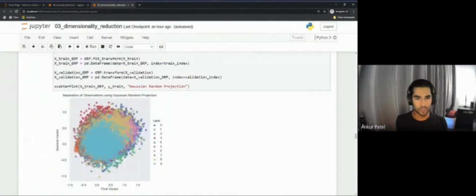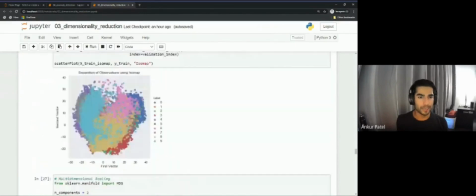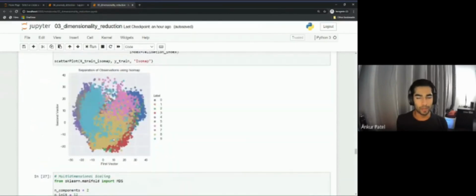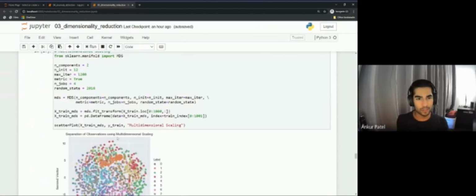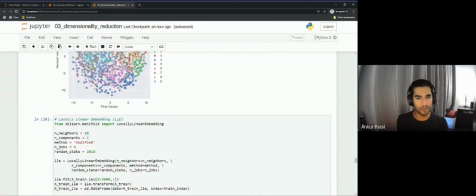And then Gaussian random projection, sparse random projection, and then some basically nonlinear methods of dimensional reduction, including Isomap, MDS, which is multidimensional scaling, again finding very interesting structures with a completely different approach of dimensional reduction.